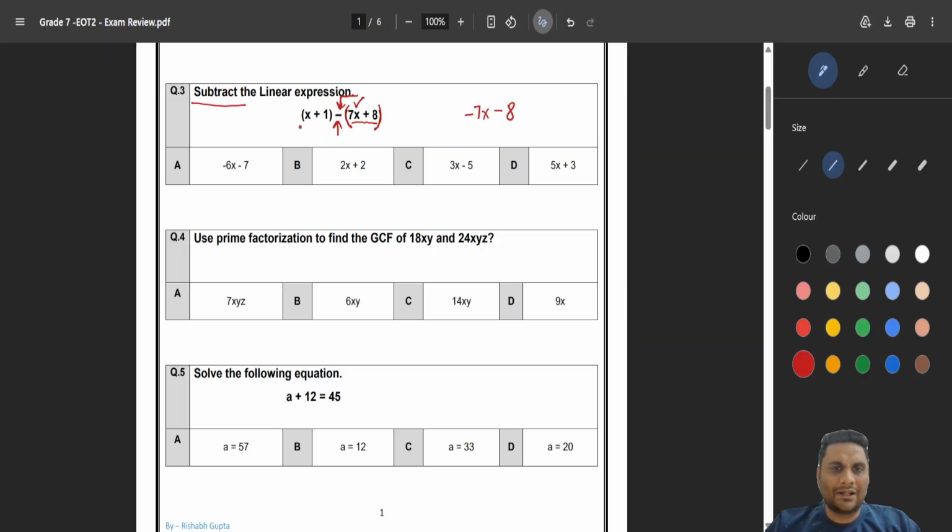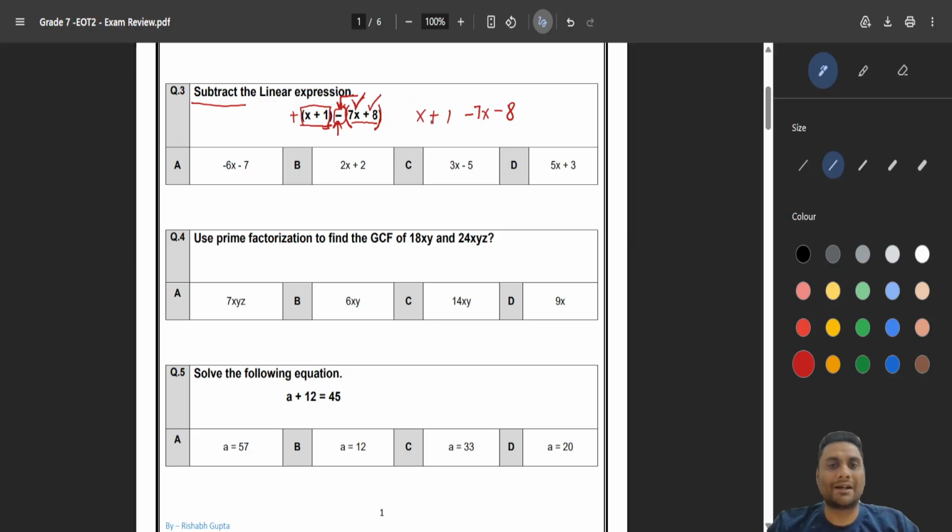Here x plus 1, it has nothing outside, that is, this is plus, positive. If it is positive, you will not change anything. It will come as it is, same x plus 1. So this will be my expression. So what do you have to remember? If you see minus outside, inside the signs will change.